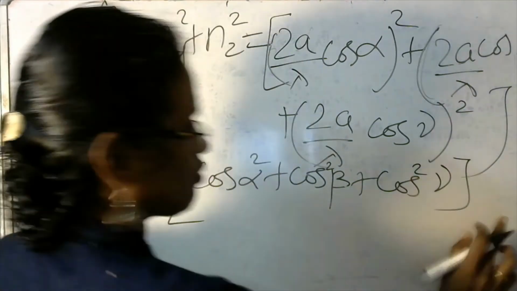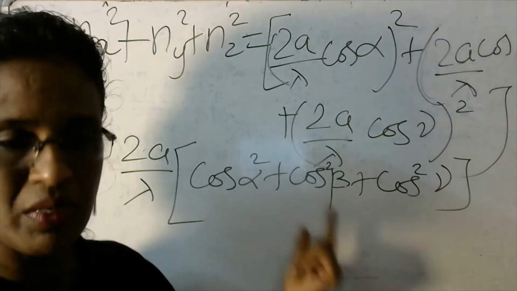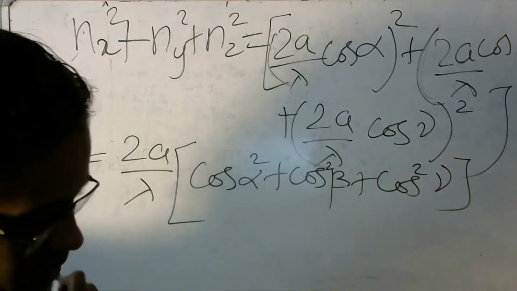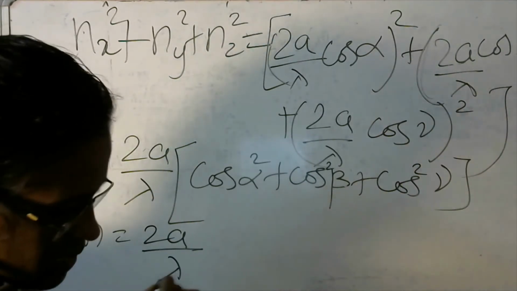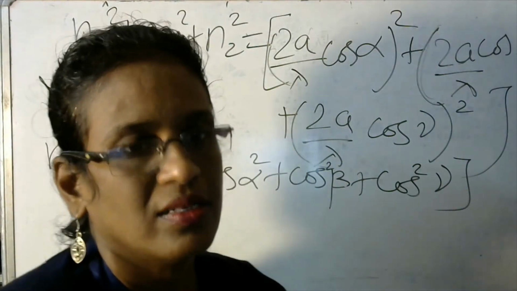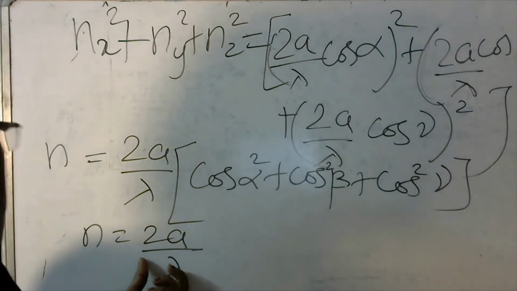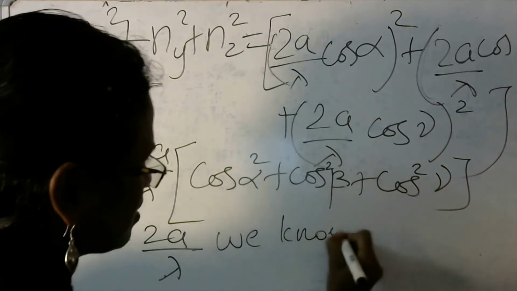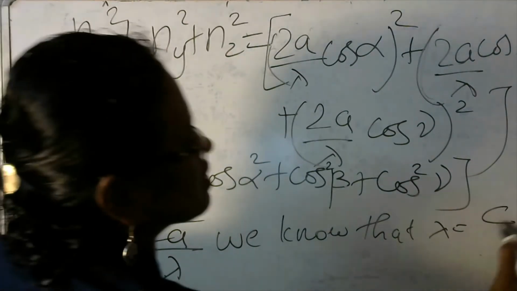And this, you know, is just nothing but 1 by Pythagoras theorem. So the answer will become n on one side, n is equal to 2a by lambda. Then when we substitute for this lambda in terms of frequency, we know that lambda is equal to c by nu, isn't it?